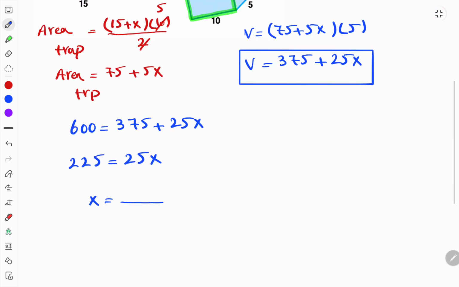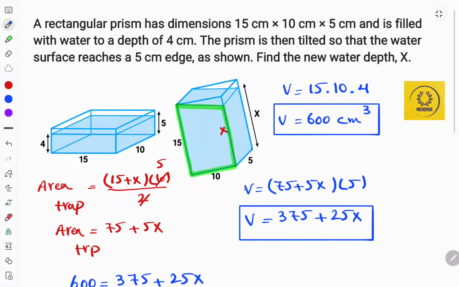And x is 225 over 25, which is 9 centimeters. And this is the final answer to this question. In fact, when we tilted the container, the depth of water is 9 centimeters.